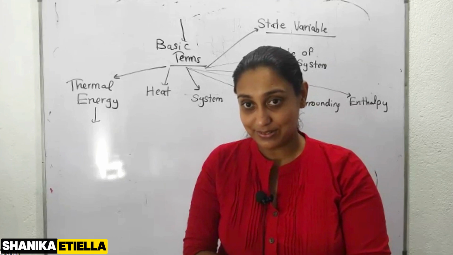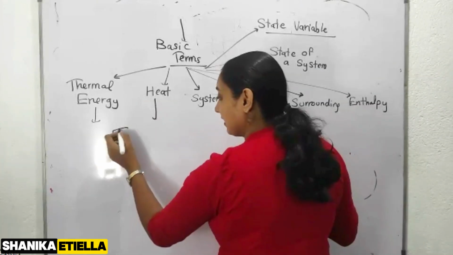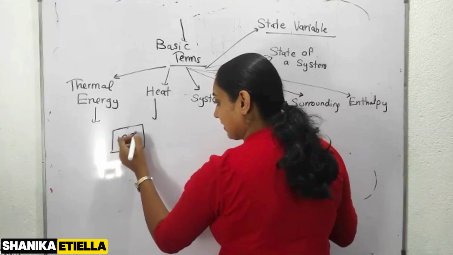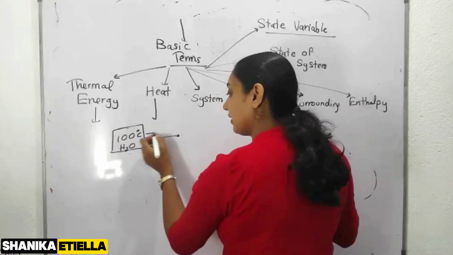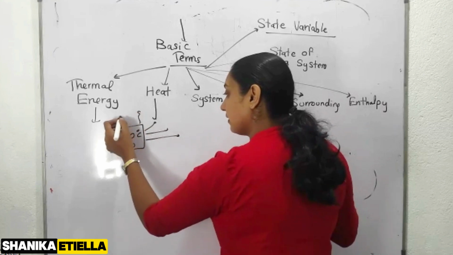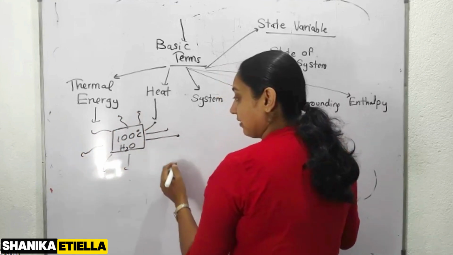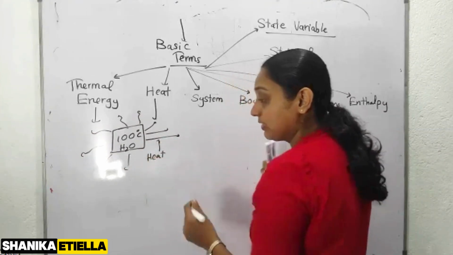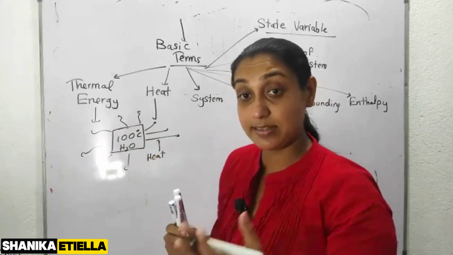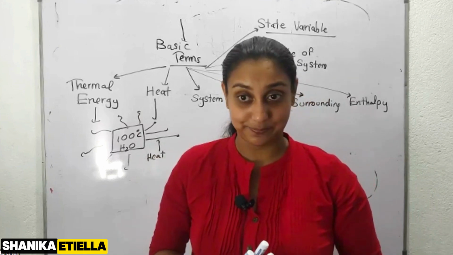If there is one particular system with high thermal energy, like water at 100 Celsius, then it can transfer thermal energy into the surroundings in the form of heat. Heat is the form which transfers energy from high thermal energy bodies to low thermal energy bodies.